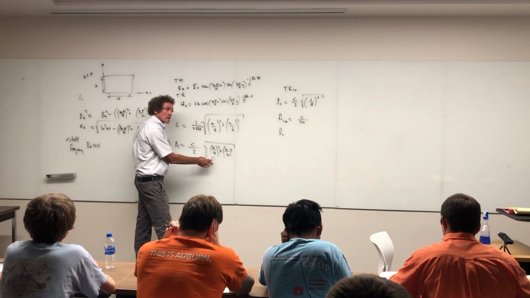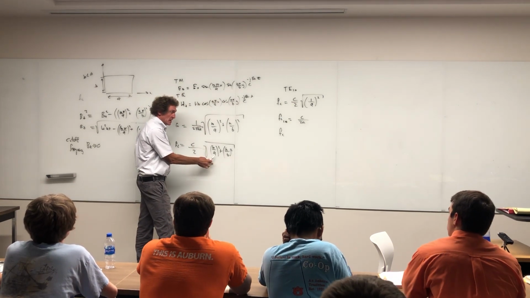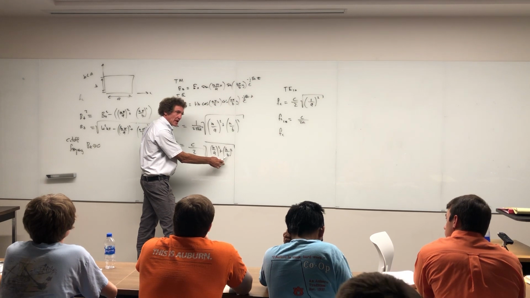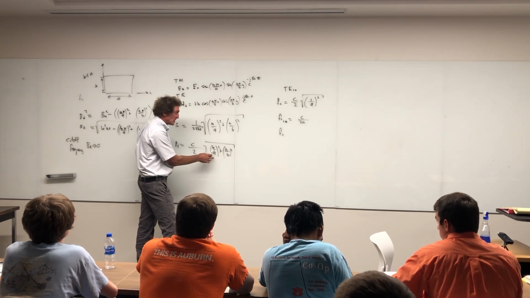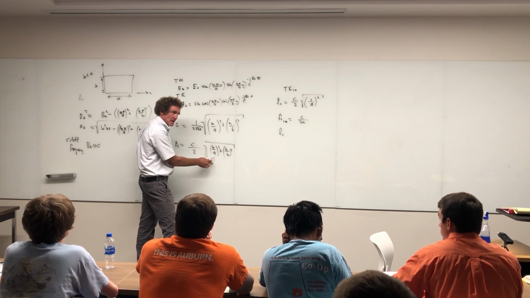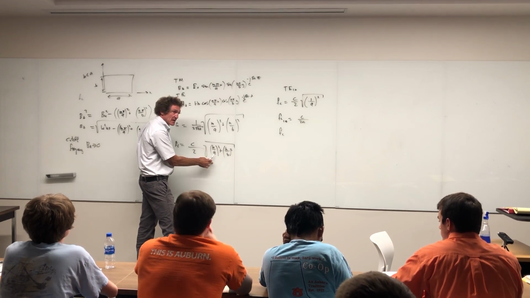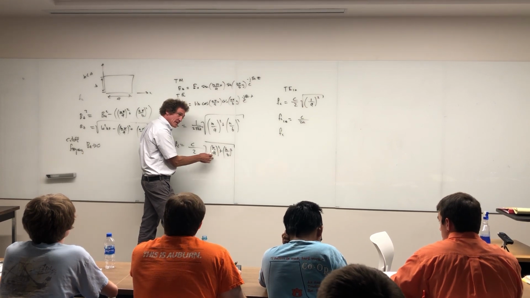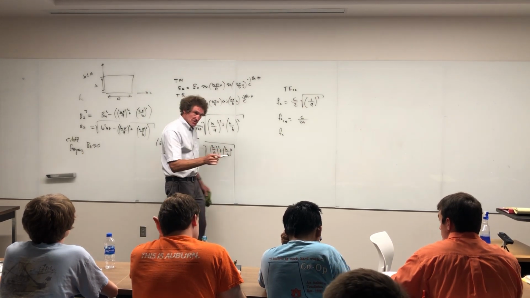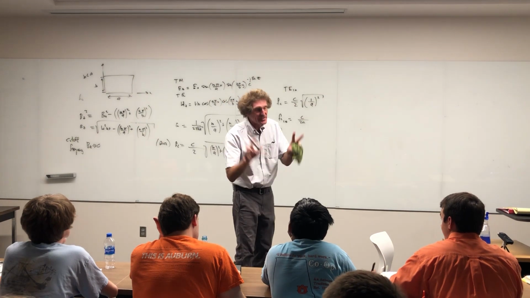If a, right here, is twice b, and it usually is greater than 2 times b for a reason, then the next lowest order mode would be 20. Do you follow me? Then after that, the next order mode would be 01, where this is 0 and this is 1. But this is just the order, depends on the dimensions.